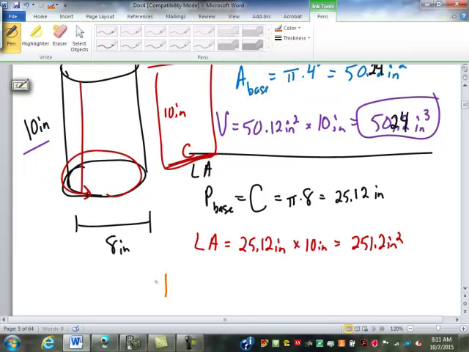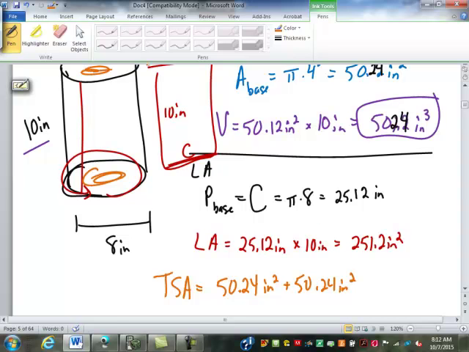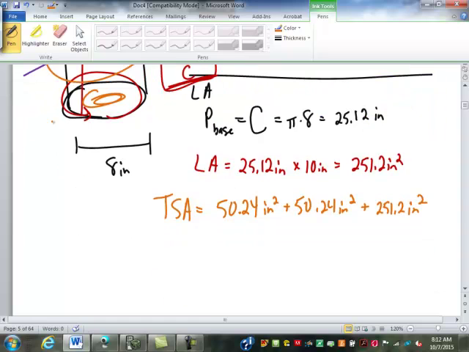So my total surface area is the 50.24 for the area of my base, that's the bottom circle, plus 50.24 square inches for my other base, the top circle, plus the 251.2 square inches for the lateral area, the rectangle that wraps around the edges, giving me 351.68 square inches total surface area.